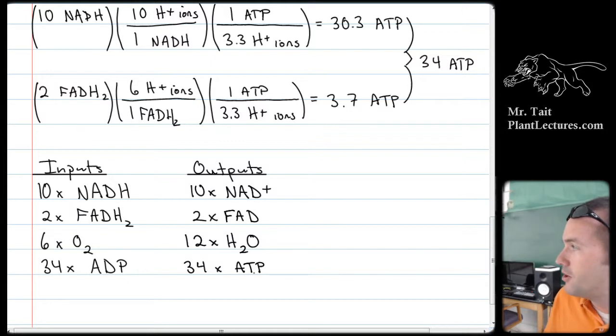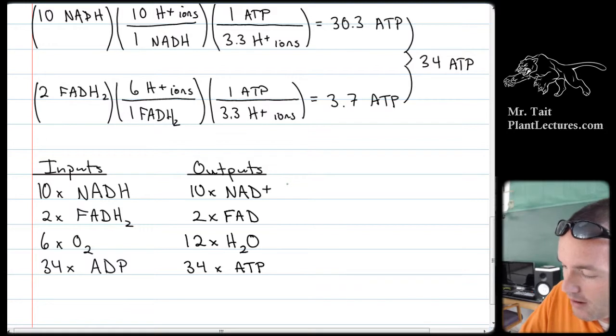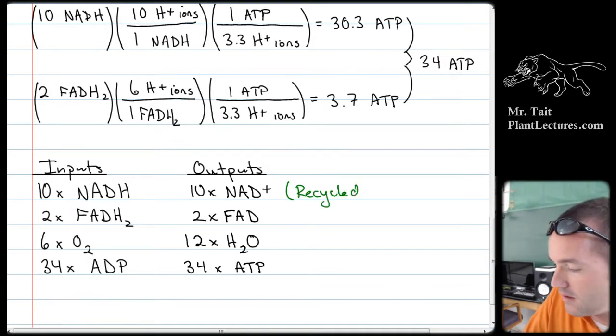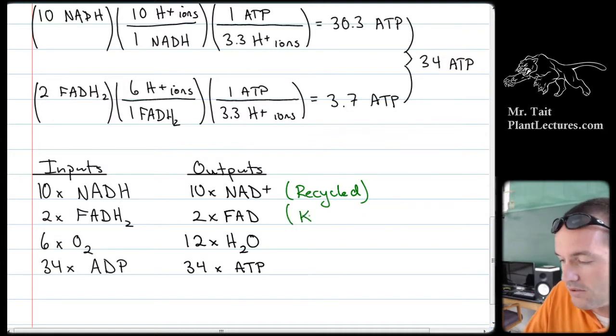Okay. So, because we did it on the rest of them, we'll do it on this too. The NADs go where? We're just going to say they get recycled because they're going to be used in all the other parts. They're going to be used in glycolysis, they're going to be used in prep steps, and they're going to be used in Krebs. Okay? Where do the FADs go? Yeah, they're Krebs only.